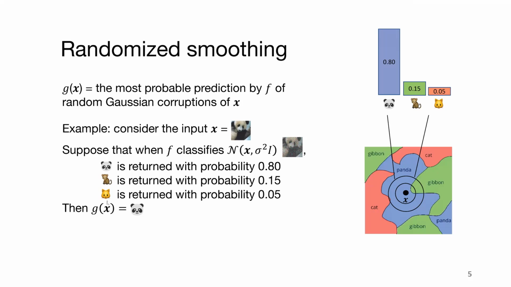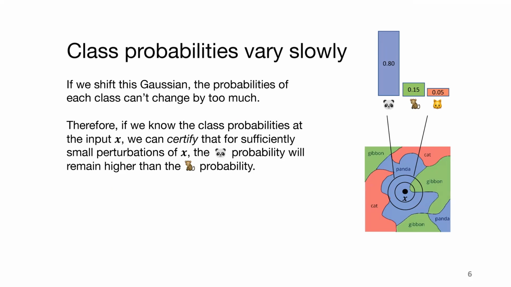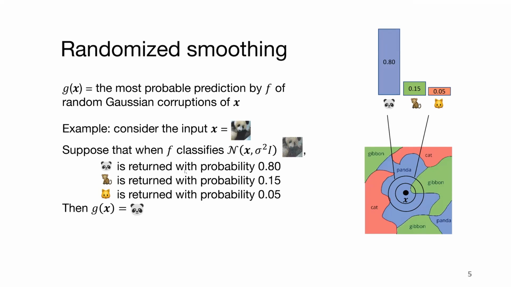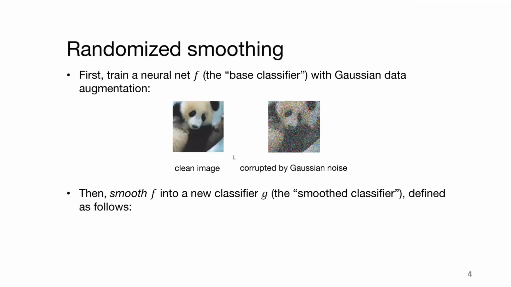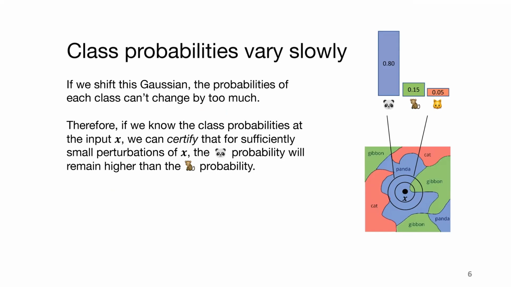This smooth classifier is in fact a transformation of the base classifier F. If we shift this Gaussian noise, the probability of each class cannot change too much, so we can use this property to certify the smooth classifier's prediction.